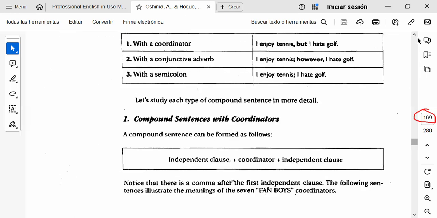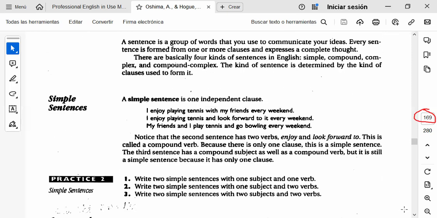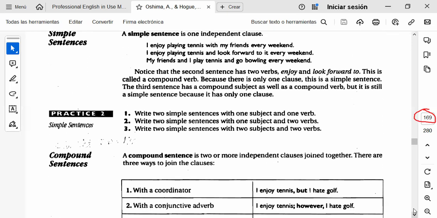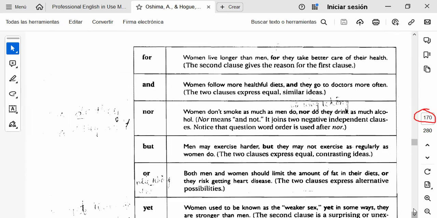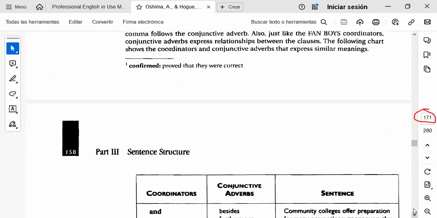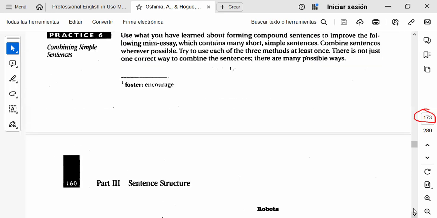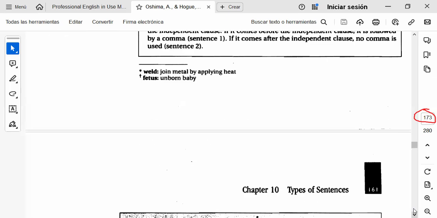Okay, so you can continue analyzing like this. Try to do the exercise, chapter 10 and 11, please, because it's a little longer. But you can have two days, so you can do it.